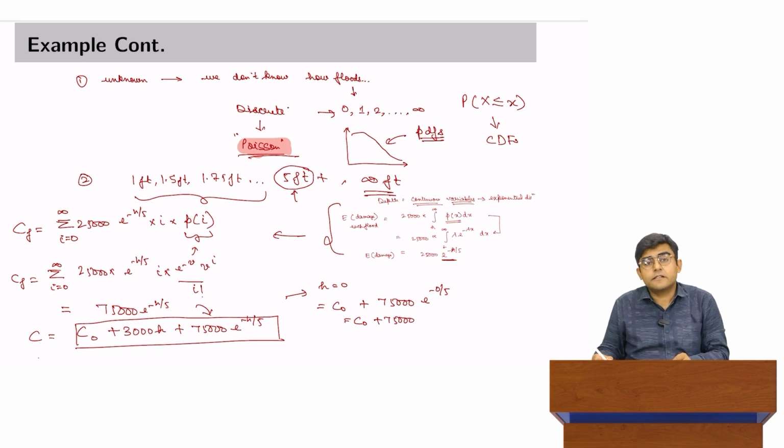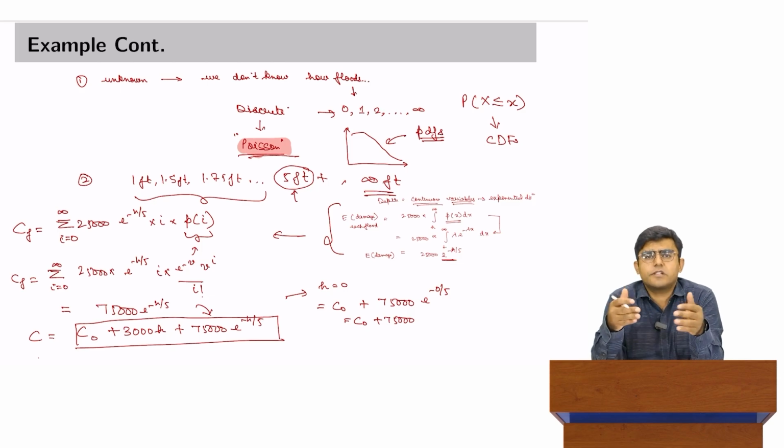Now, this is what we call indirect costs or unrealized costs, taking over what we expect from the direct costs or the construction costs. If we just focus on the cost expression, it is simply C naught plus 3000 H. Our intuition will say, let us minimize H so that our direct costs are saved.